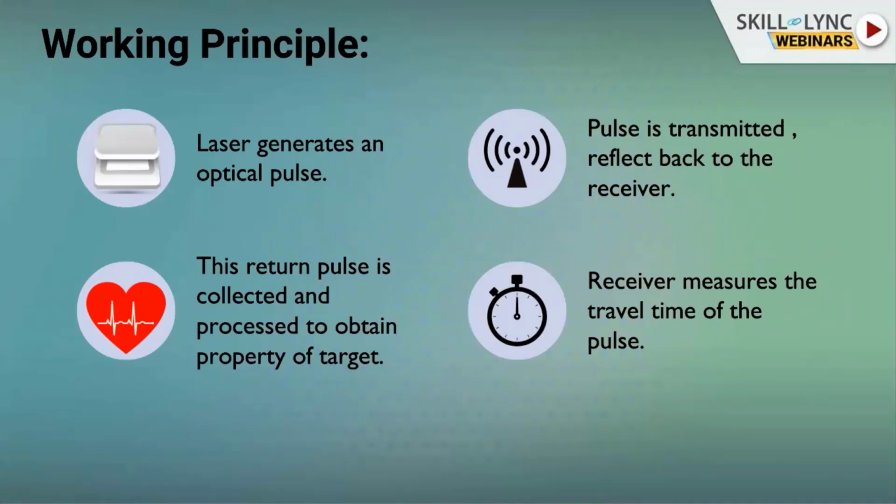We have usually seen in our childhood, we played with a laser torch, which emits very high pulses, and we used to play in the night. The LiDAR works the same way, but in industrial LiDAR, we make an array of such emitters. Each emitter will emit a light pulse, and then this pulse is transmitted and reflected back to the receiver.